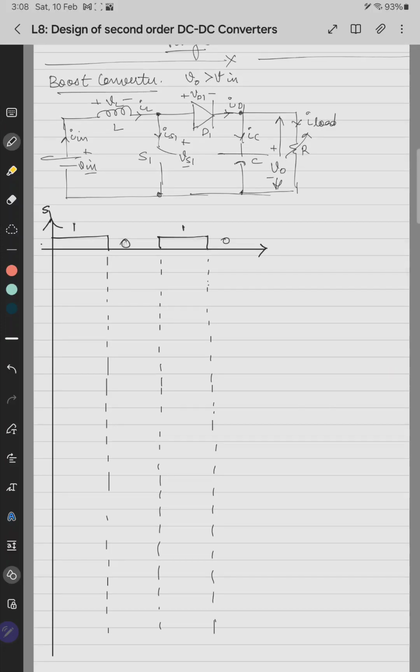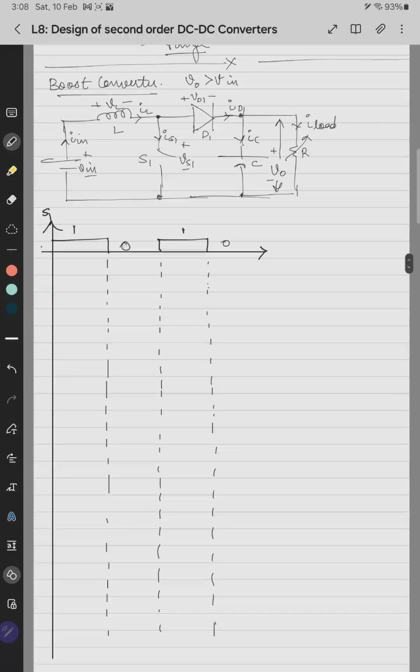So after gate pulses, we'll start with the first energy storage element, which is the inductor. We'll see the voltage across the inductor.